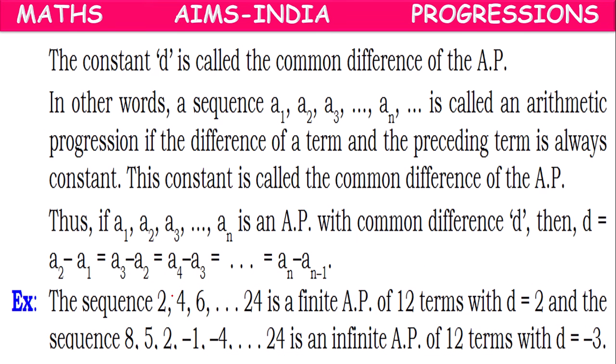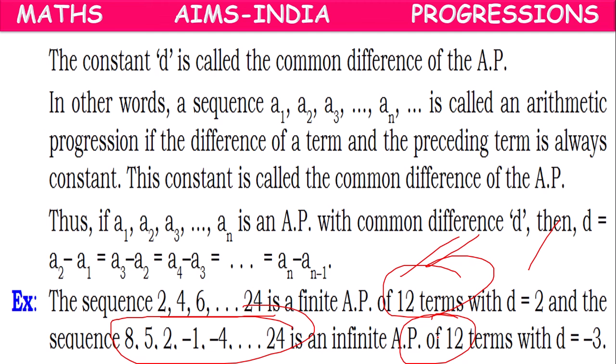Here in the first sequence also we have 12 terms, but common difference is 2. In the second sequence also we have 12 terms, but the common difference is minus 3. Common difference always has to be taken as any term and its preceding term.